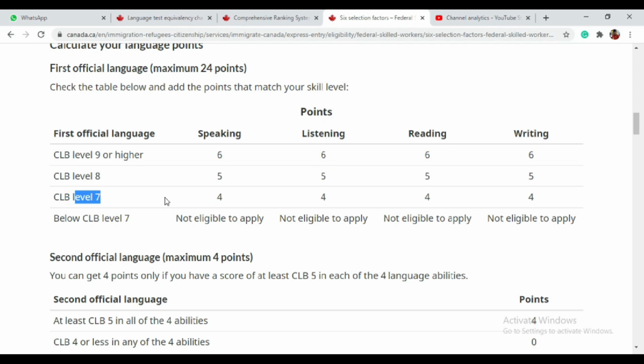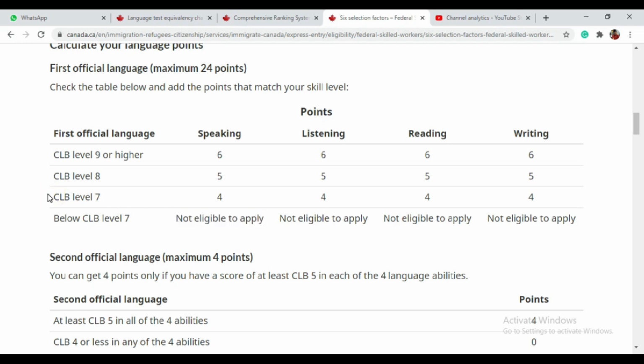CLB level 7 is the minimum eligibility. If you score below CLB level 7 in IELTS, you will not be eligible to apply in the Express Entry pool. You can still apply for Canada immigration, but that will be through different means, not through Express Entry.